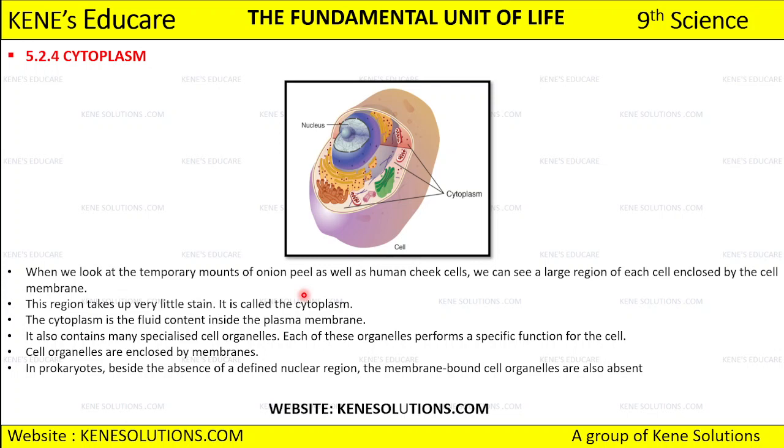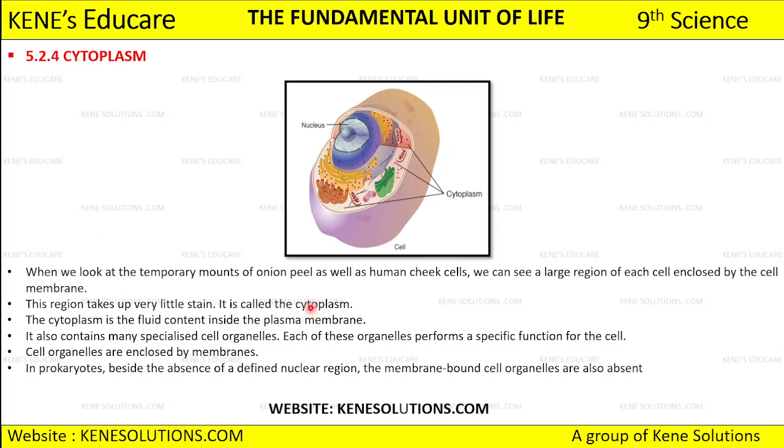Safranin stain से हम उसको stain करते हैं with a drop of safranin. So that is used for staining that onion peel. But there is a large portion of each cell which is enclosed by this cell membrane, और ये जो region है that takes up very little stain, वो बहुत ही कम stain लेता है, and we call that region as cytoplasm.